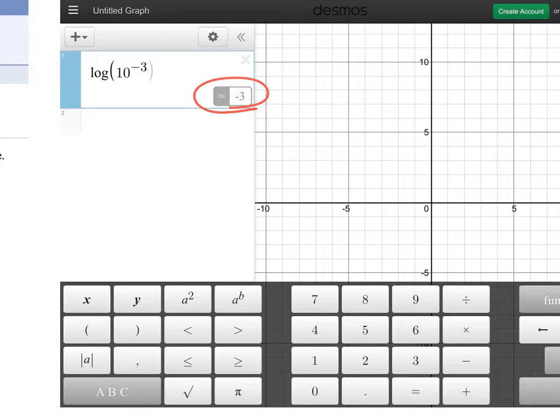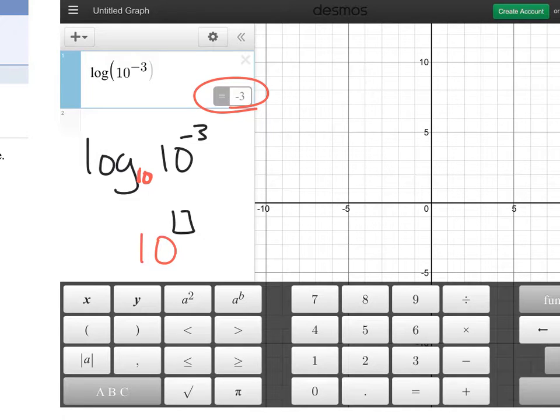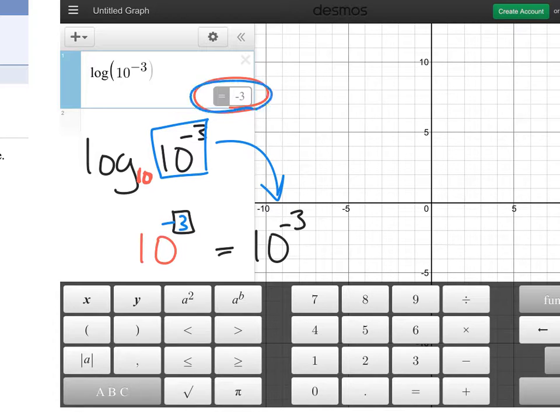Well, because this is saying log 10 to the -3, so that's a base 10 right there, because if you don't have a number, it's got to be a 10. So that's saying 10 raised to what power is equal to 10 to the -3. And this 10 to the -3 is what goes right there. Well, that means the missing value is -3, but Desmos tells us that.